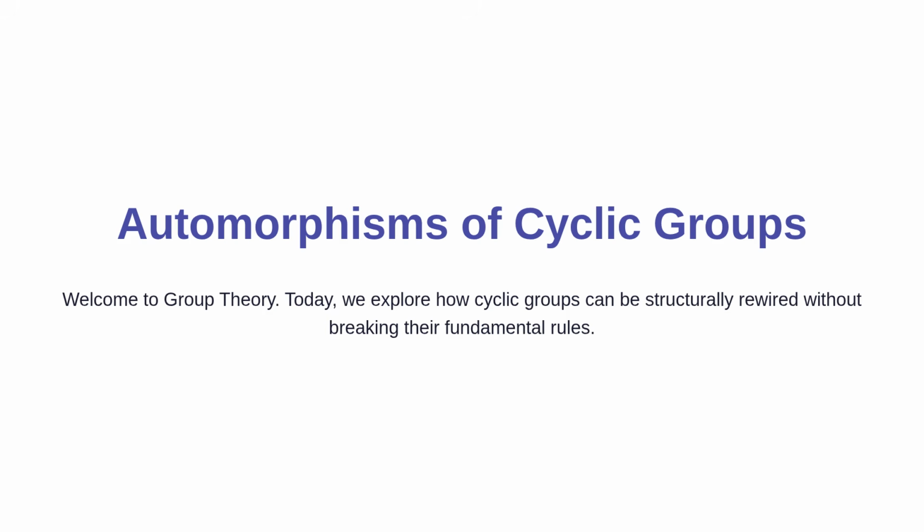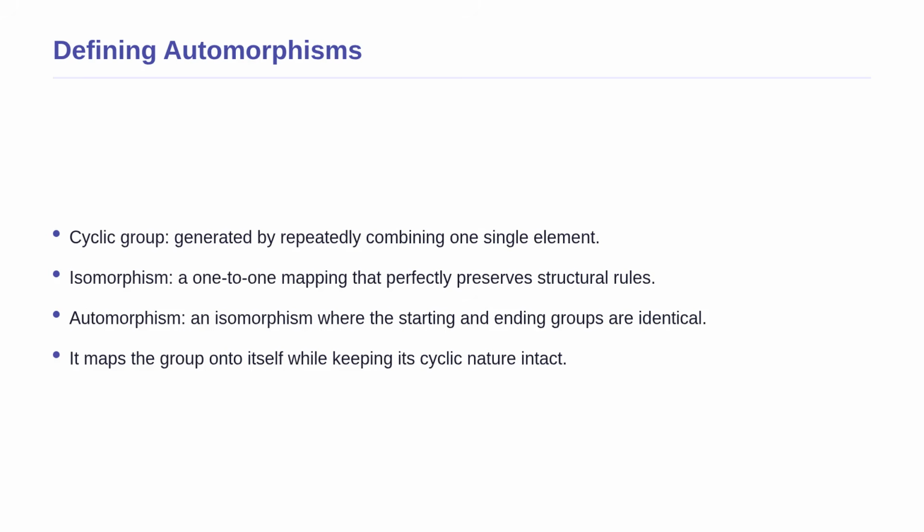how it works. Now that we have our clock analogy, let us define our terms formally. First, a cyclic group is a mathematical set entirely generated by repeatedly combining one single element, which we call the generator, with itself. Next, an isomorphism is a strict one-to-one mapping between two different groups that perfectly preserves their structural rules.